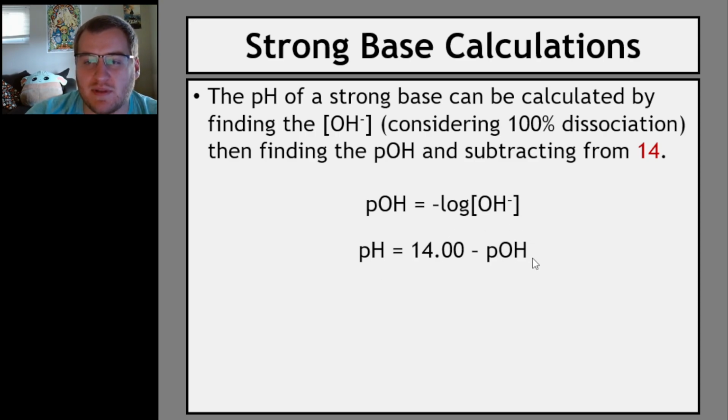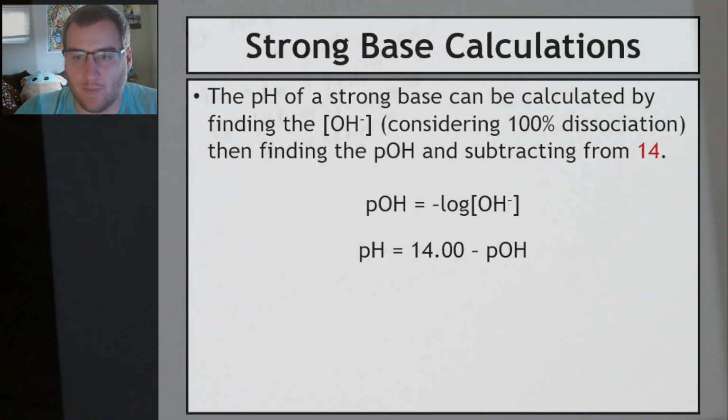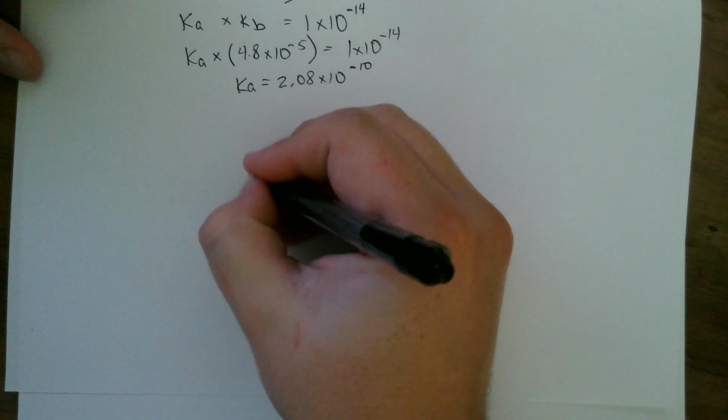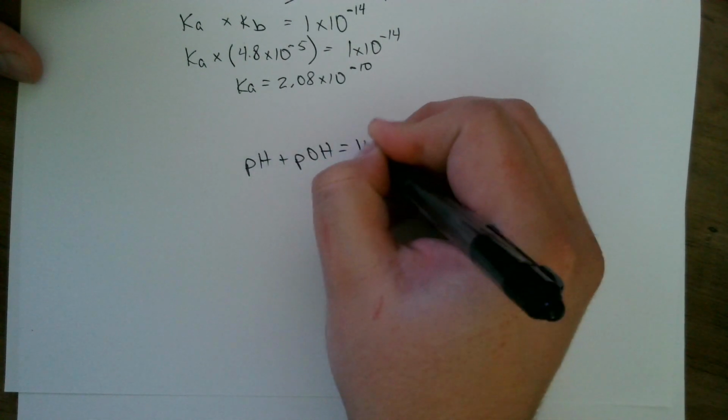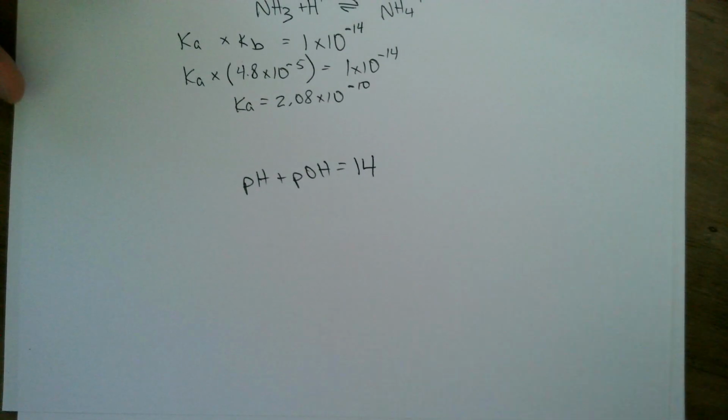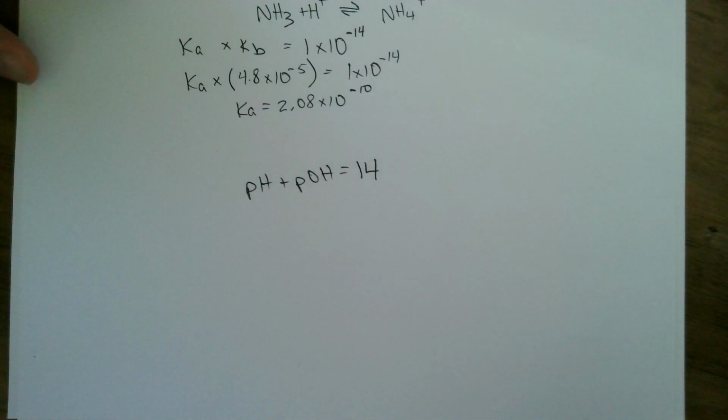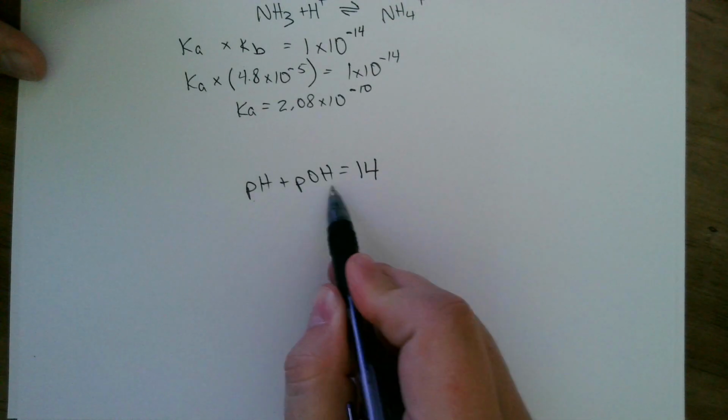And then pH and pOH are related by this formula. pH equals 14 minus pOH. Or, another way to write that, pH plus pOH equals 14. Just rearranging it. That's how I usually like to write it. I like how that looks. Okay. pH plus pOH equals 14.